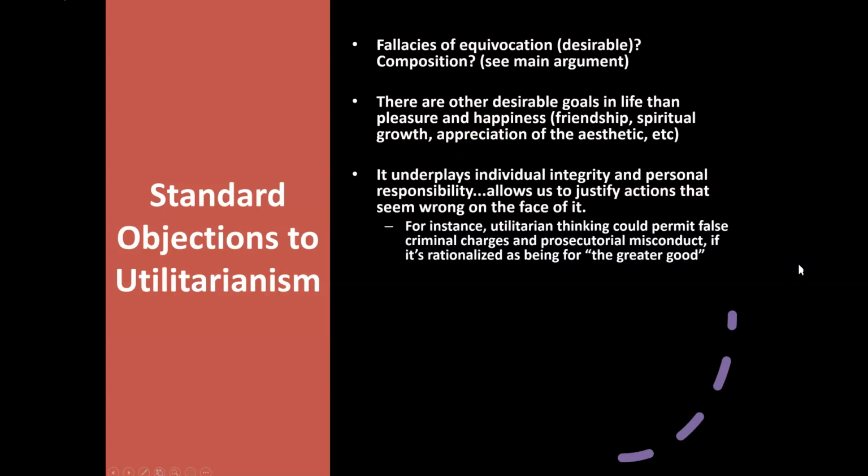Also, it underplays individual integrity and personal responsibility, and allows us to justify actions that seem wrong on the face of it. Let me give you a for instance here. Utilitarian thinking, that risk and benefit and pleasure, pain, happiness, unhappiness sort of thinking in order to come to moral decisions, could permit false criminal charges and prosecutorial misconduct if those things are rationalized as being for the greater good.